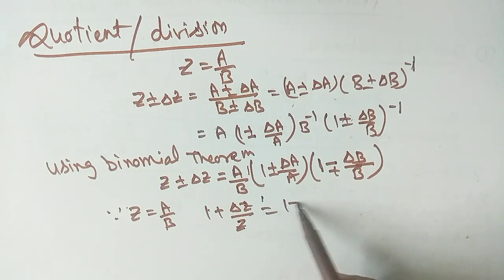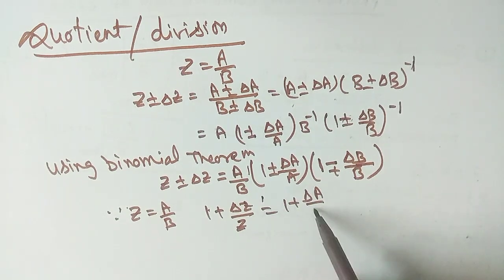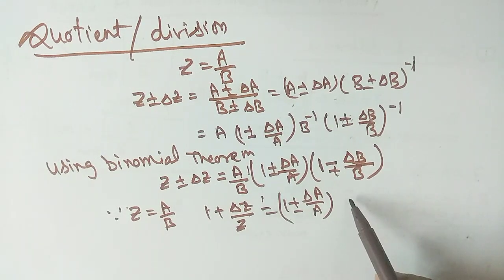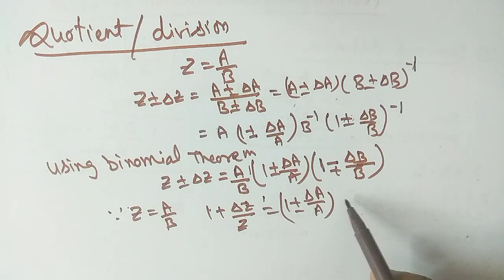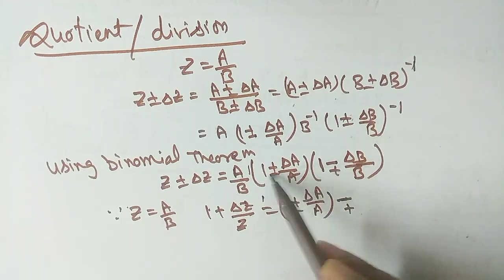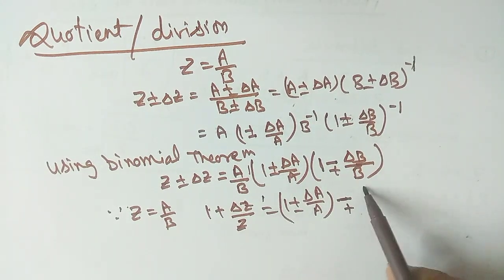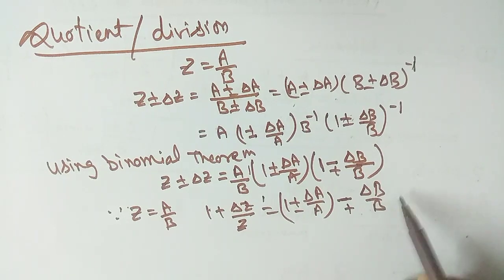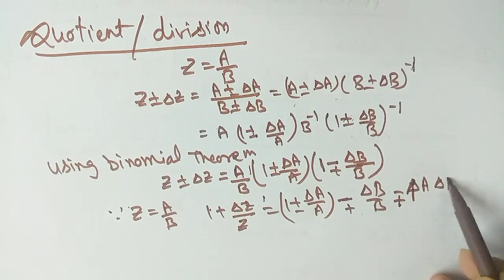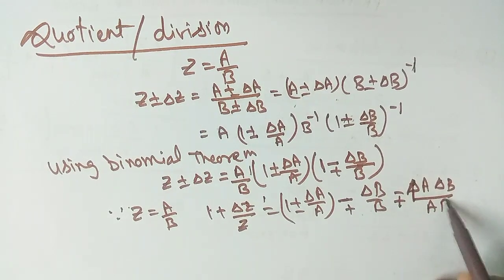So delta Z upon Z is equal to 1 plus minus delta A upon A, and similarly, 1 minus plus delta B upon B, and we are multiplying: minus plus delta A delta B upon AB.